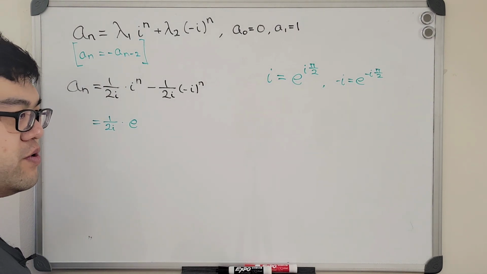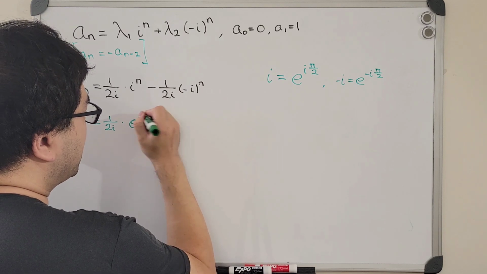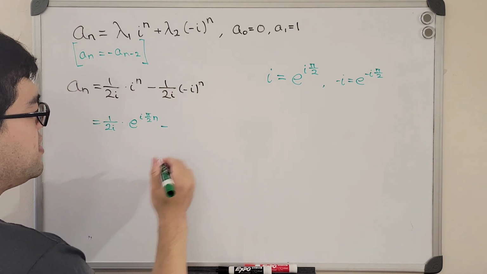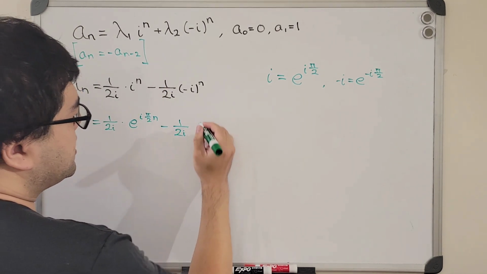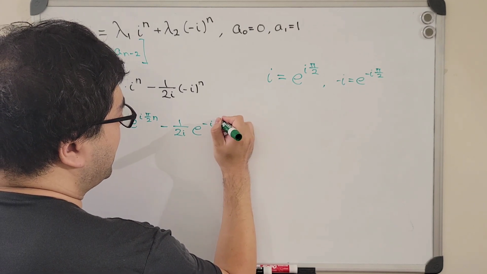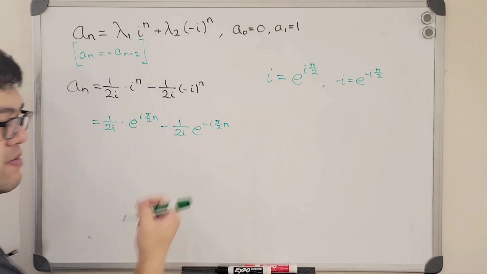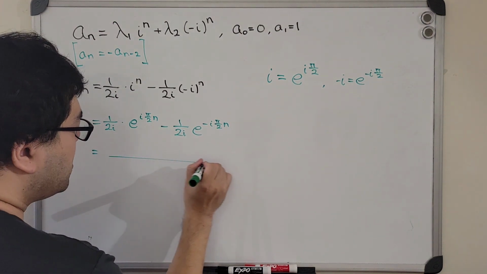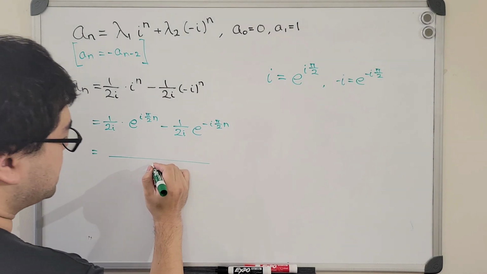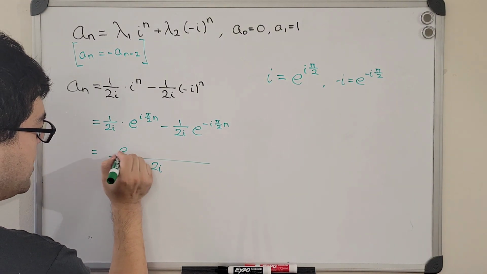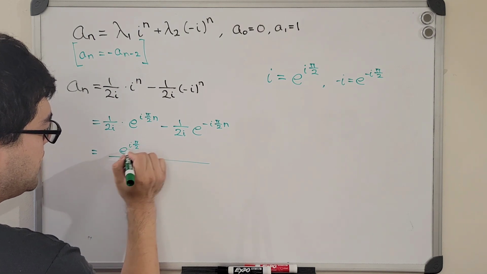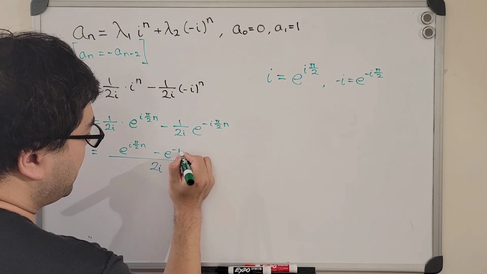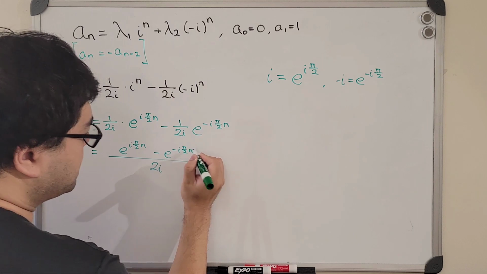So by the exponent rule, we just multiply them together to get e to the i pi over 2 n, minus the second term, which similarly is e to the negative i pi over 2 times n in the exponent. Then we can put them together because they have the same denominator. And on top, we get e to the i pi over 2 times n minus e to the negative i pi over 2 times n.